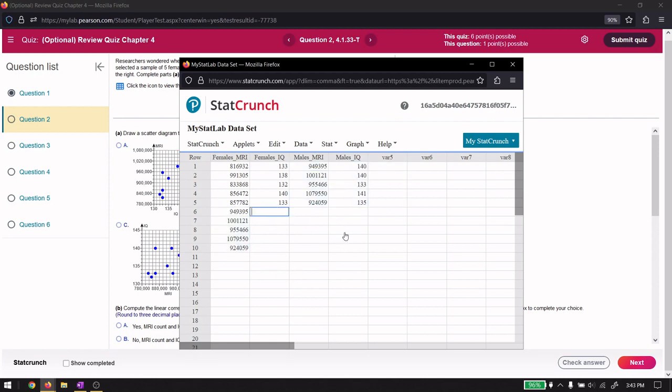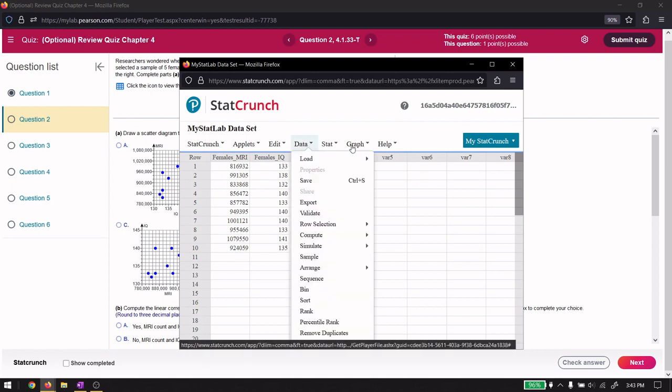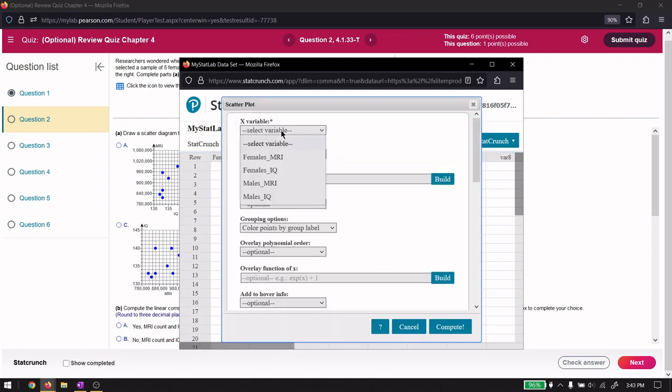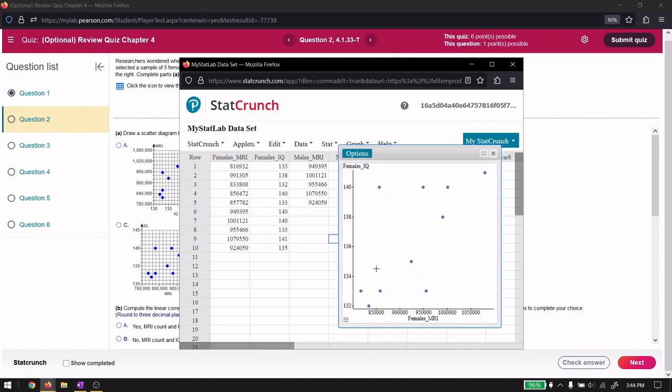It doesn't want it separated between male and female. It wants just everything. So I'm going to copy the male MRI and IQ over so that we have all the values in one column in each one. And that's going to allow us to do a scatter plot really easily. Even though it says female MRI and female IQ, it's actually for everyone. That's how I've done it. Compute that, and there's our scatter plot.